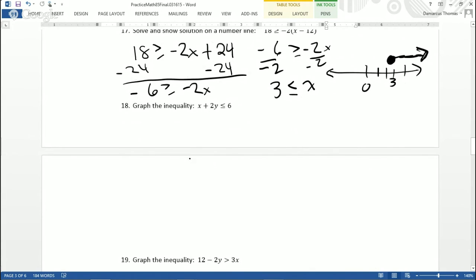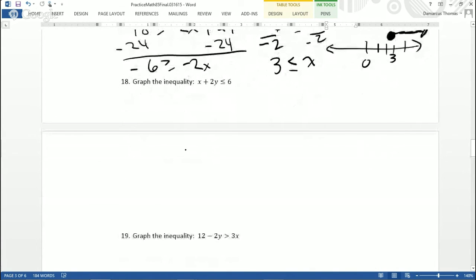Graph the inequality. You could graph this inequality by graphing its intercepts. If you look, it's kind of in standard form. So if I let y be 0, x is 6. And then if I let x be 0, y would be 3. And it's a solid dot because of my inequality.